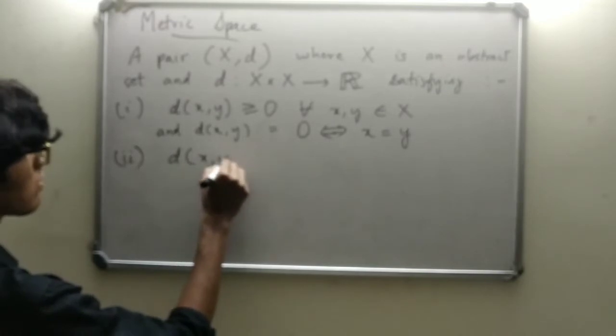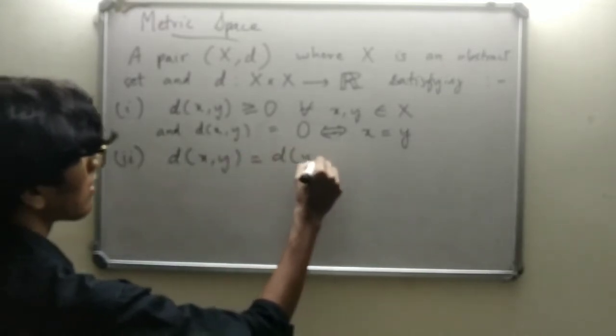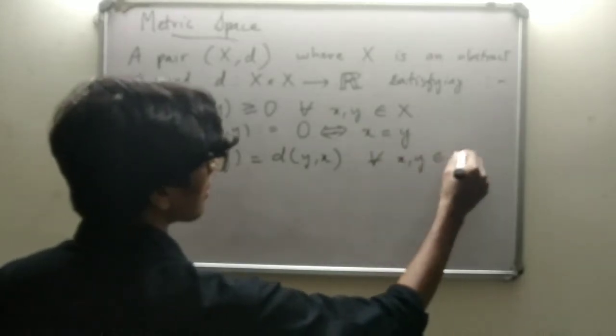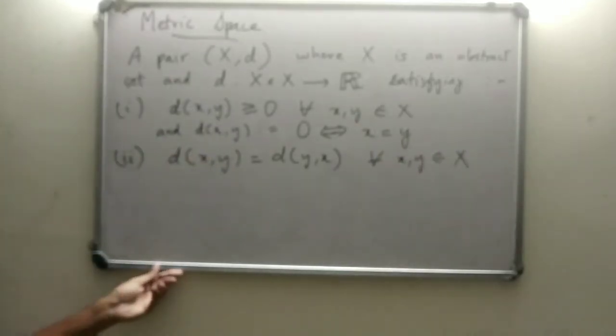The second property is D of xy equals D of yx for any 2 points in X, right?